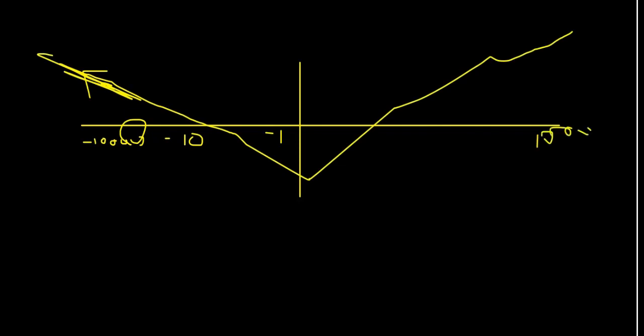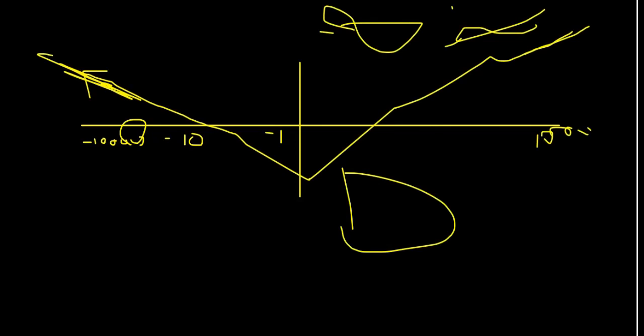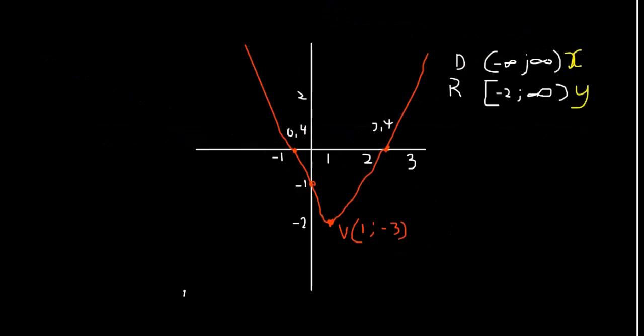On this side, the x values are from -infinity to positive infinity. So always like that when you're looking for the domains. That was just a rough illustration to give you a clue of what we are talking about.